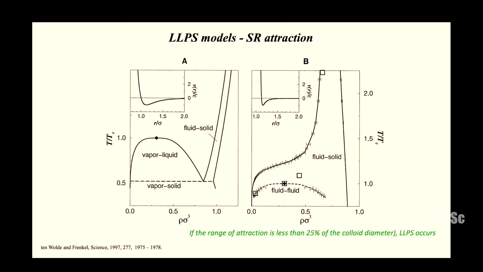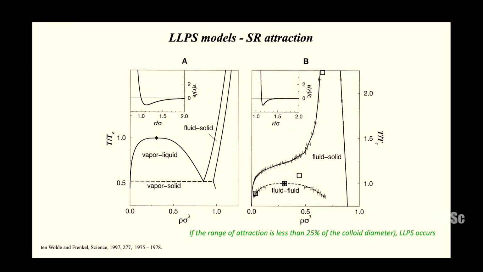If you make the attraction between a pair of colloids short-ranged, then one can predict this kind of phase separation. There is a fluid-solid coexistence above, but what we know as vapor-liquid equilibrium gets buried inside the solid-fluid phase boundary. This is something one can calculate with this kind of model.